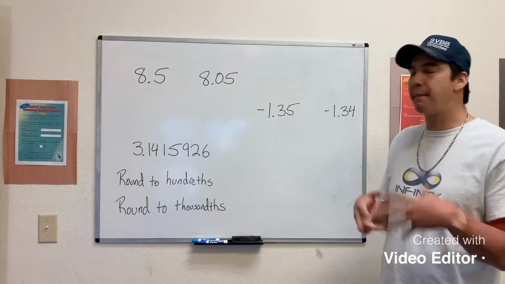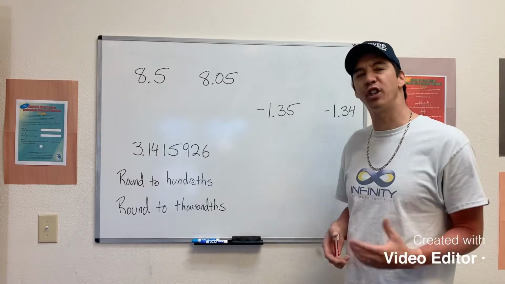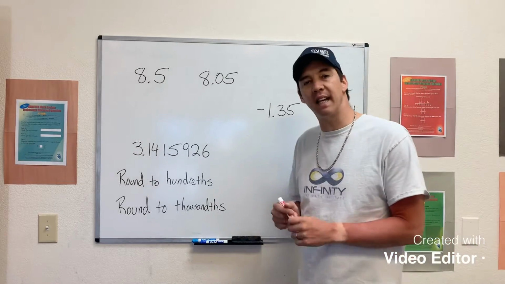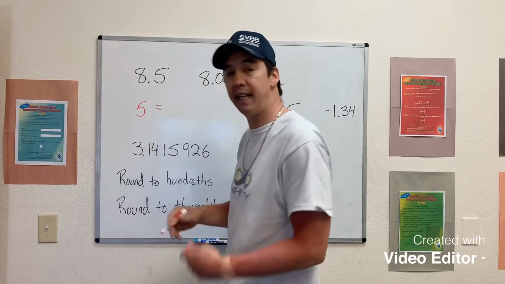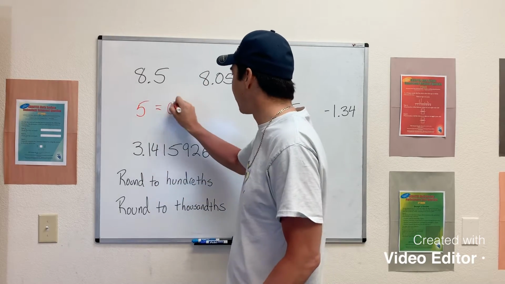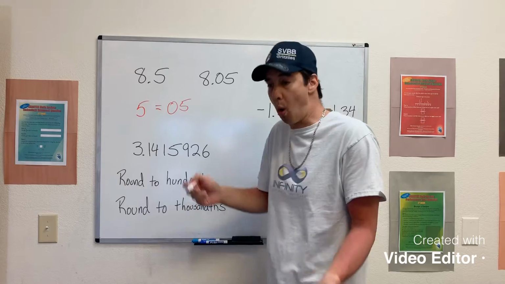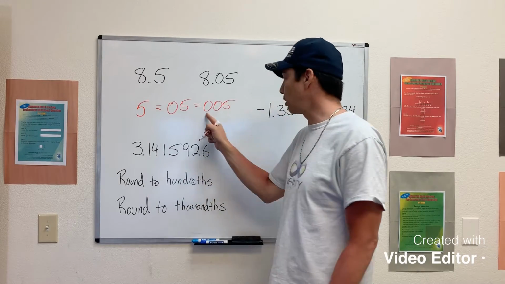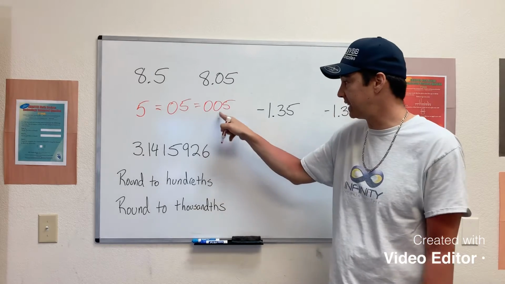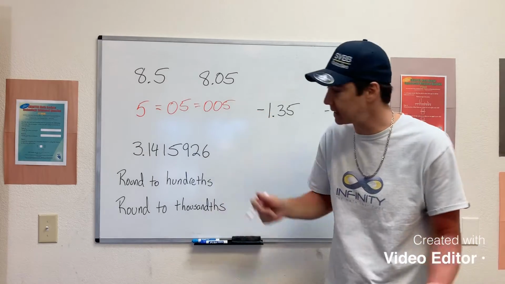All right, so one thing that may seem like common sense, but I just want to refresh your memory, is little things. Like, for example, 5 is equal to 0.5. Or even 0.05, right? I could throw zeros in there. 0 hundreds, 0 tens, and 5 is 5, right? Same thing.